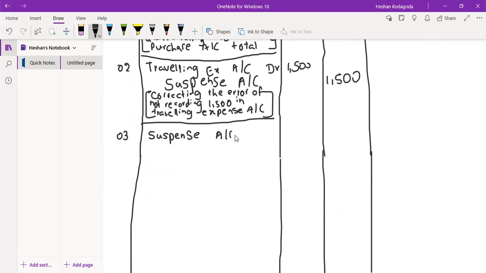Suspense account credit 20,000. You can write like this. The narration. What is the narration?